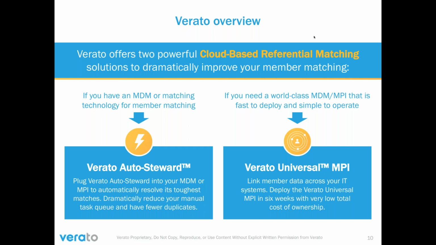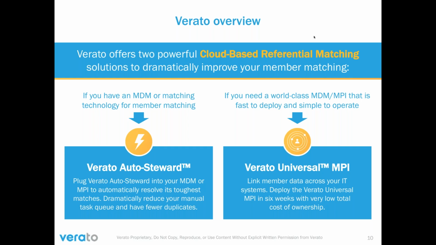Both are cloud-based SaaS solutions designed either to improve what you're already doing or to provide functionality you may not have deployed, like some of those folks that responded to the poll that they have not deployed a technology. So we offer Verato Auto Steward. It is a plug-in adapter that goes right into your master data management, whether it's IBM Initiate or any of the other popular MDM solutions out there.